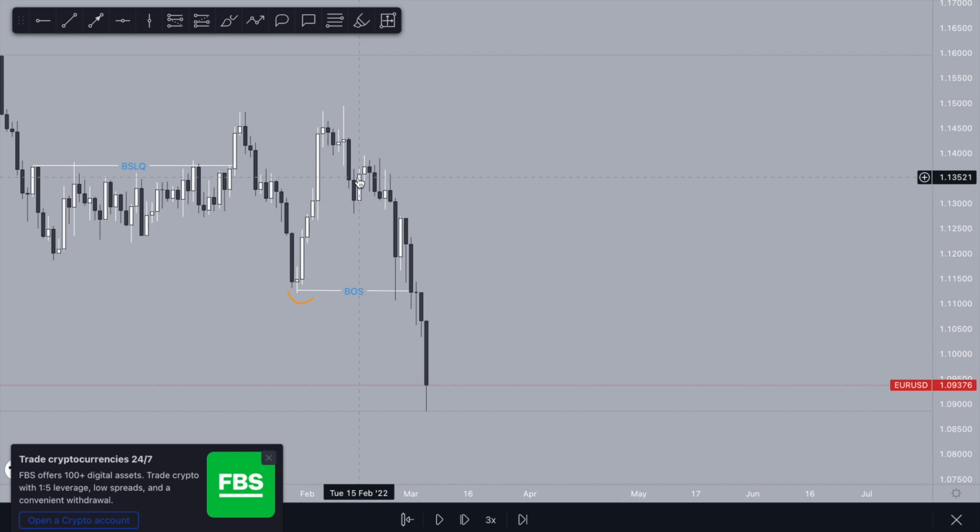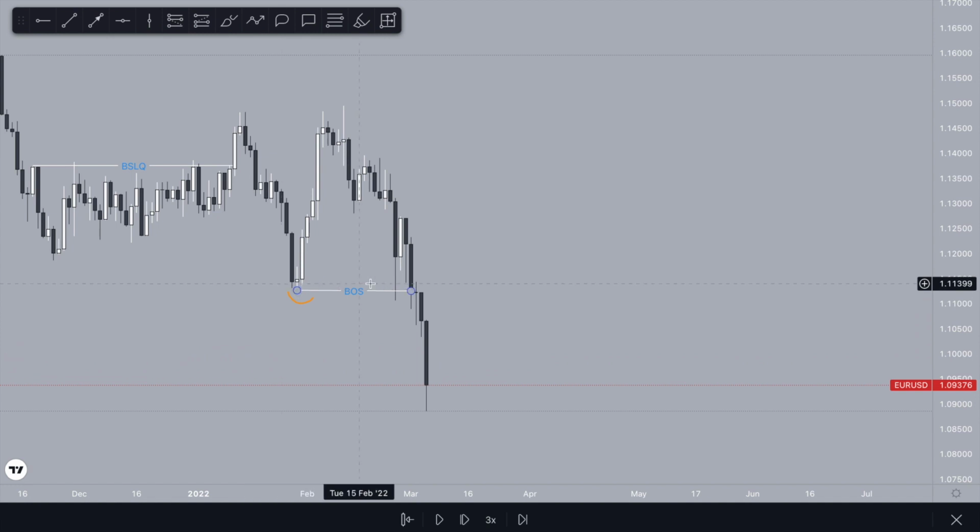We have to go back with our bullets. We need this swing high to be broken by the displacement. So this is where our swing high is, and this is the movement that breaks our swing low.